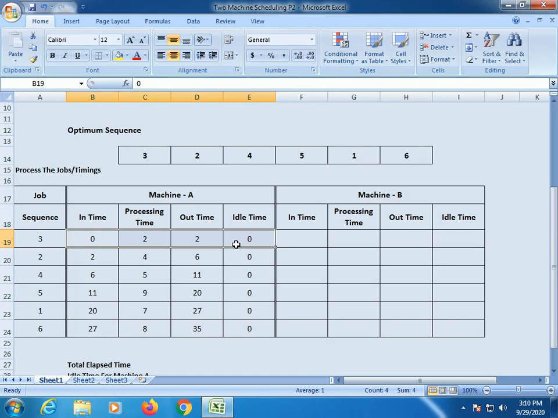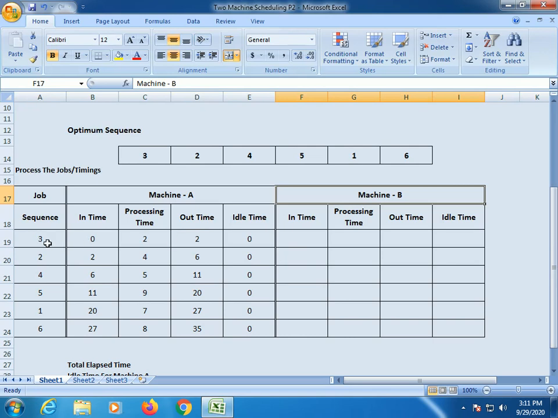Then that job will be forwarded to machine B. If that job didn't perform on machine A, then we do not forward that job into machine B. So the order of the machines is machine A and machine B. At a time we can only perform one job.